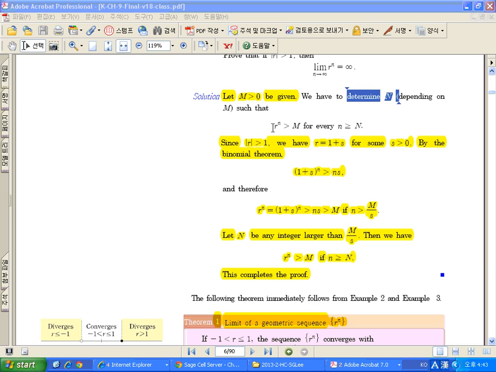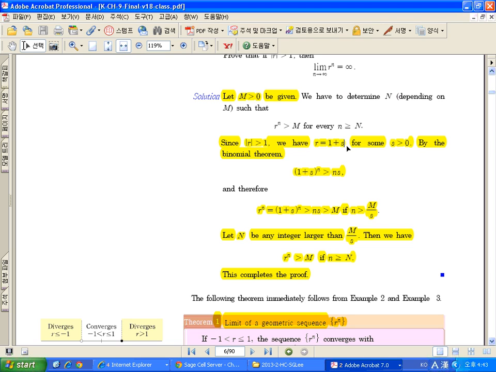Since M is arbitrarily large, we first find a positive s that makes r equal to 1 plus s, because r is greater than 1. Then we take the nth power of 1 plus s and use the binomial theorem to get this inequality. From here, r, which is 1 plus s, the nth power of both sides is greater than n times s.